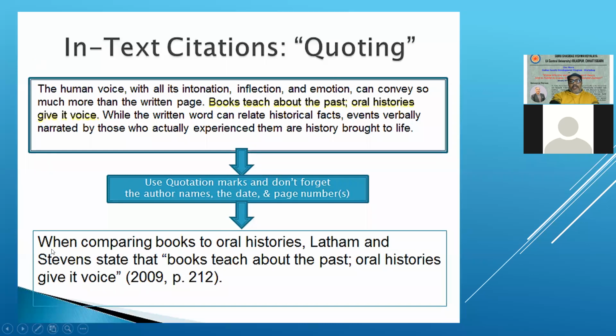When comparing books or oral histories, Latham and Stevens state that books teach about the past and oral histories give it voice, close inverted comma, then you give the citation, 2009, page number 212, though in the text it is not given. So use quotation marks and don't forget the author's name, date and page number also. Otherwise you will get plagiarism in this case.